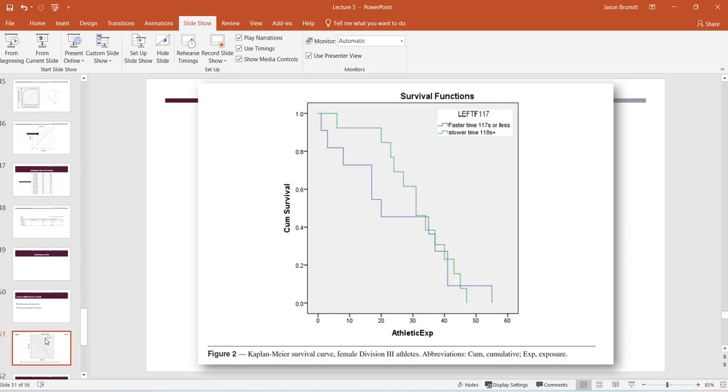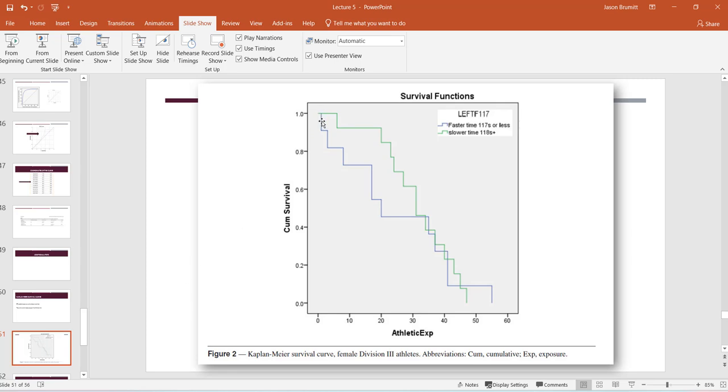This particular presentation here, this was comparing the speed on an agility drill test and looking at time to injury. So this kind of gives like a qualitative presentation to it. You're looking at it, it's like, okay, there's maybe not that much of a difference. Maybe the faster people, well, this is interesting.